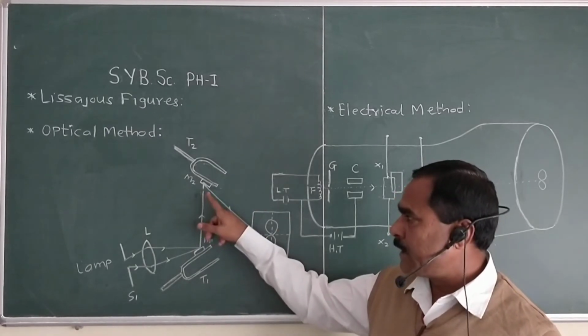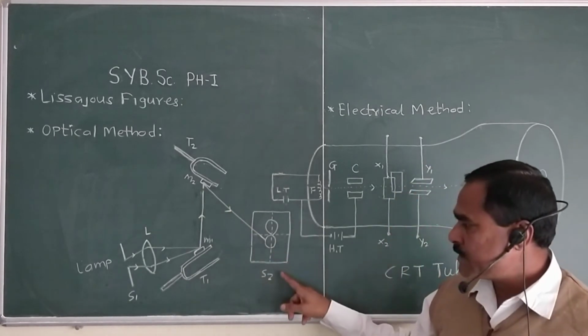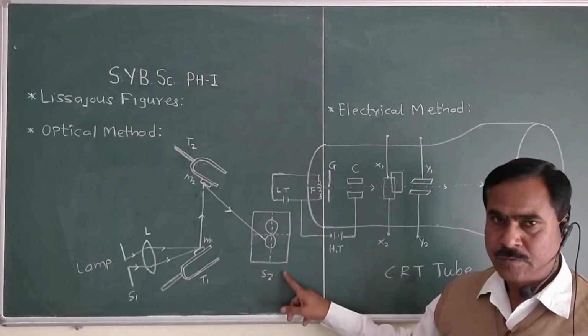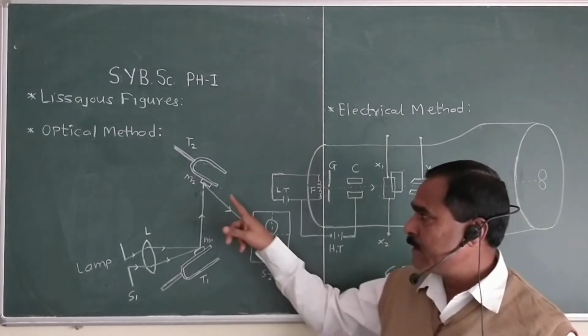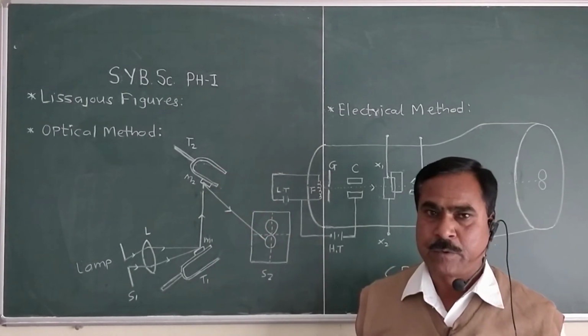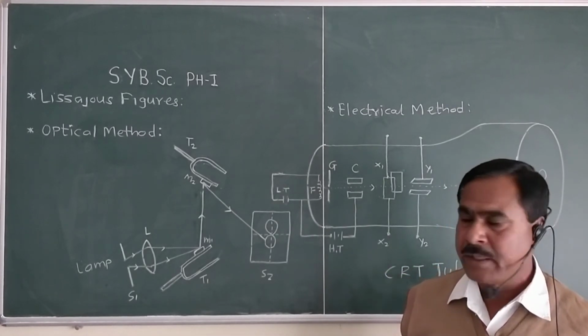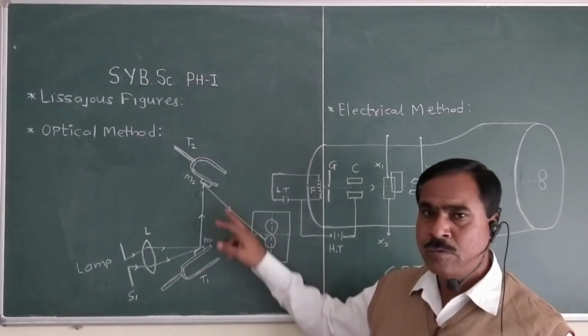Then light after reflection from mirror M2 is incident on a screen S2. In this case the two tuning forks T1 and T2 are mutually perpendicular, that means their planes of vibration are mutually perpendicular to each other.